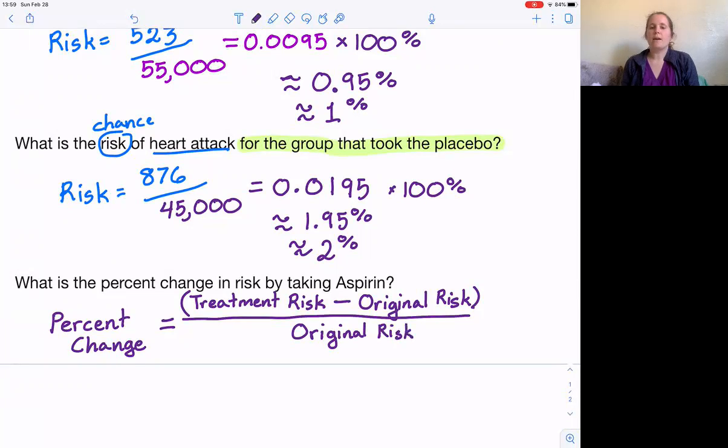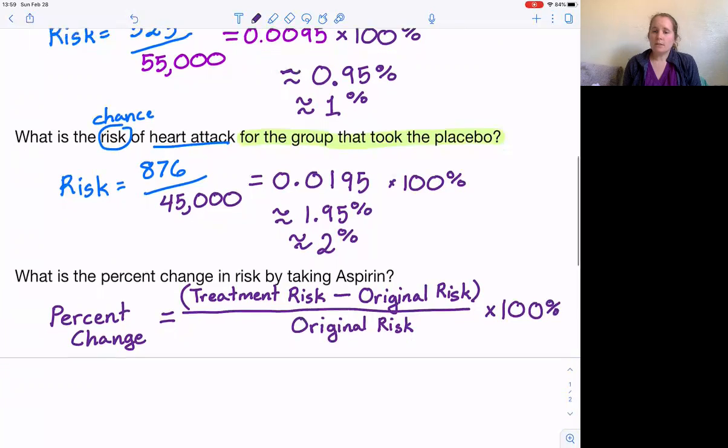So the treatment risk minus the original risk will find the change. Dividing by the original risk will give that change as a fraction of the original risk. And then to convert to percent, we will multiply by 100%. So in this case, our treatment is aspirin.